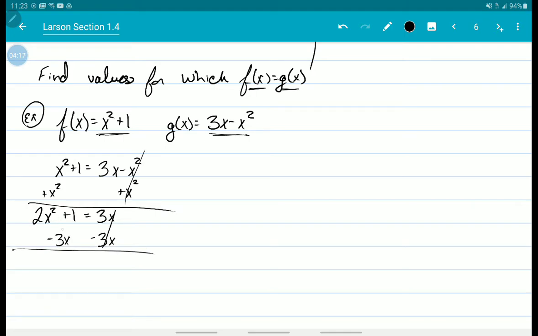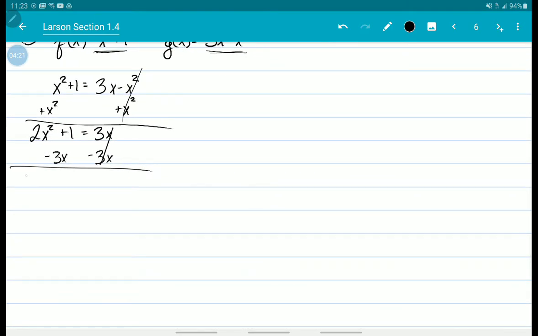Now notice I can't combine an x term with an x squared term. So this is just going to be a 2x squared minus 3x plus 1 on the left, and that's equal to 0. So to solve this, we're going to want to factor. So we can go through our factoring algorithm. We talked about the AC method.